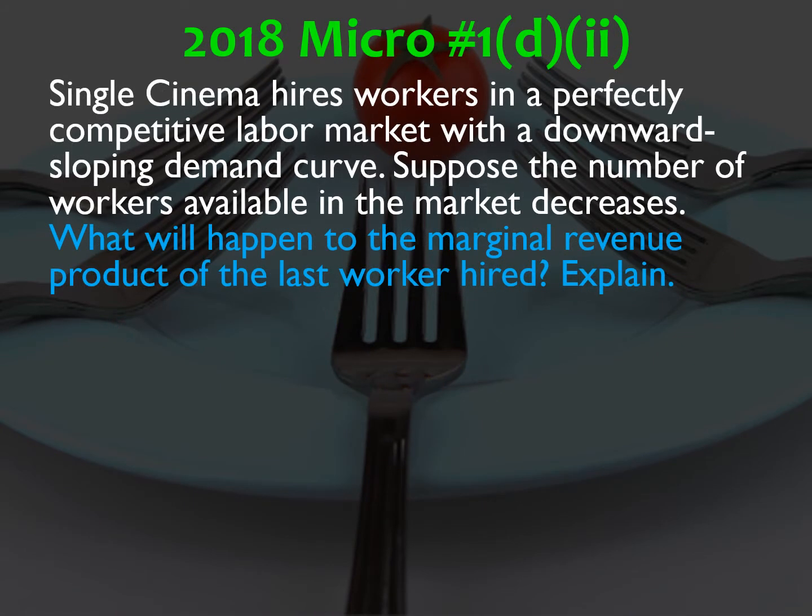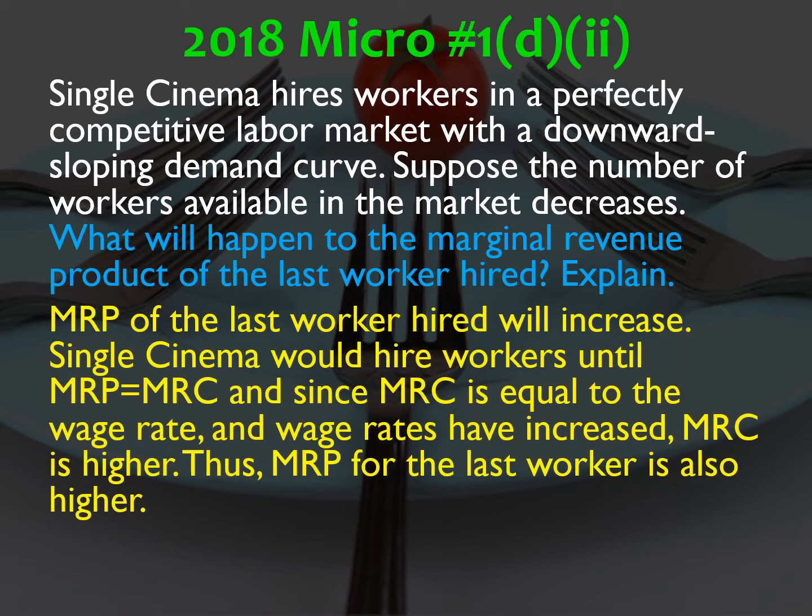Part 2. Single Cinema hires workers in a perfectly competitive labor market. What will happen to the marginal revenue product of the last worker hired? Explain. Marginal revenue product is MRP. So the MRP of the last worker hired will increase. Single Cinema is going to hire workers until MRP equals MRC, and we know that MRC is equal to the wage rate.